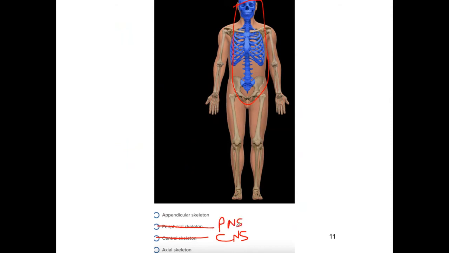That's what we spoke about, central and peripheral. But in terms of the skeleton, we did learn about the appendicular skeleton and axial. And when we're looking at everything in the center in blue, that is the axial skeleton. Everything that's bone color or tan in the picture, everything else is the appendicular skeleton.